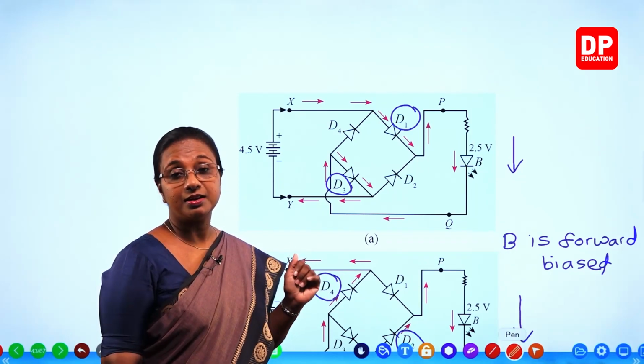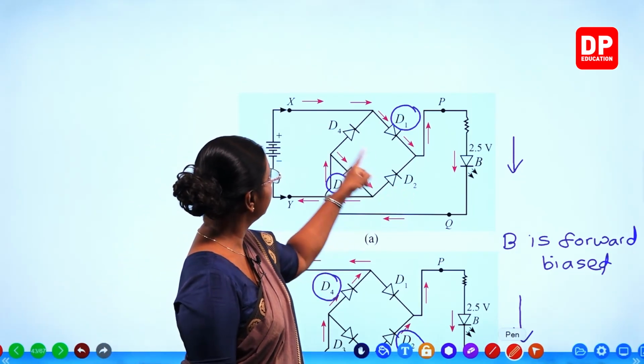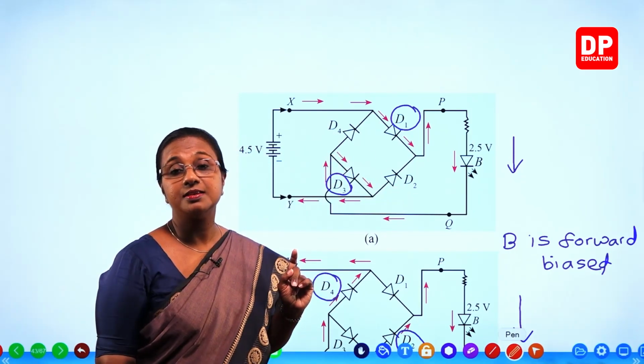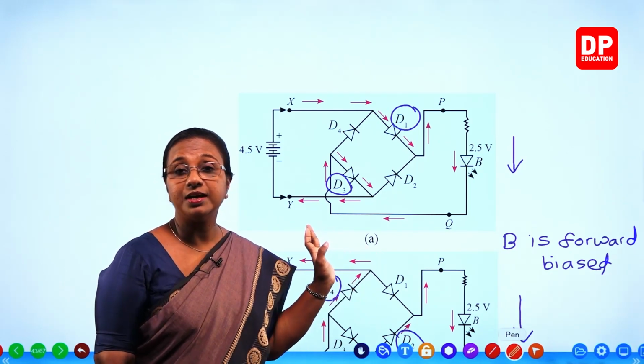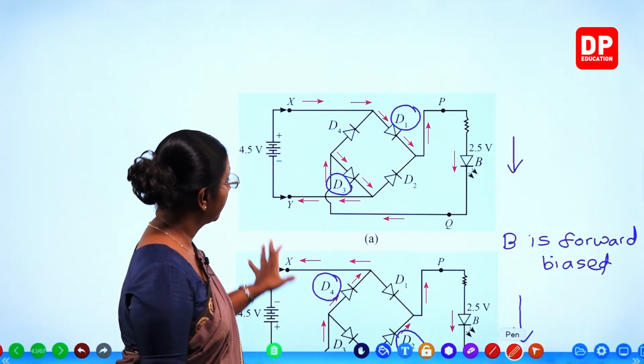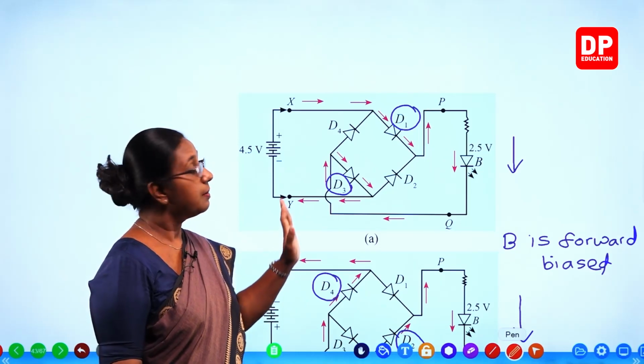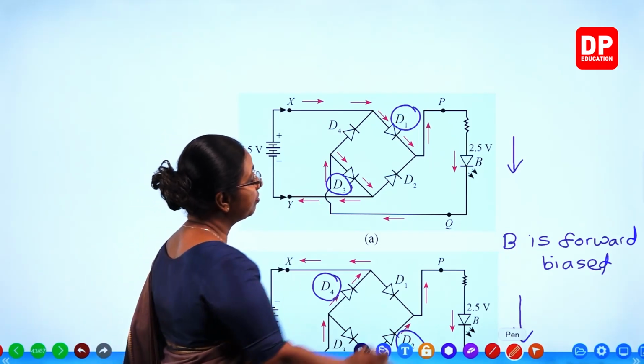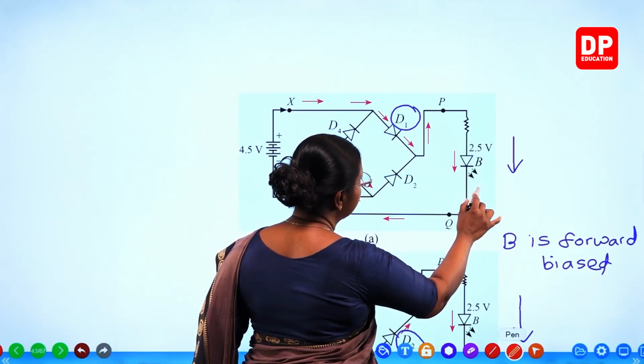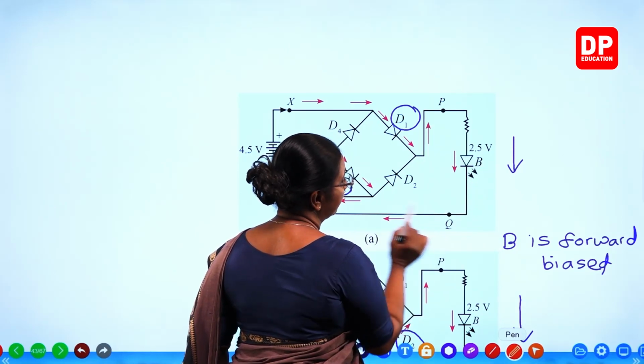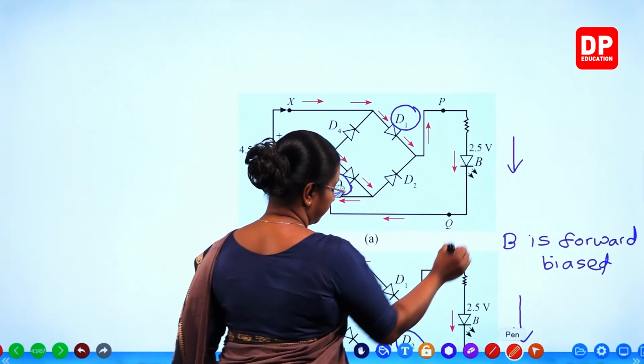They allow current to pass through, while D2 and D4 are reverse biased. They do not allow the current to flow through. That is one way. But in that instance, if you look at the current flow through bulb B, it's from P to Q direction, this direction.